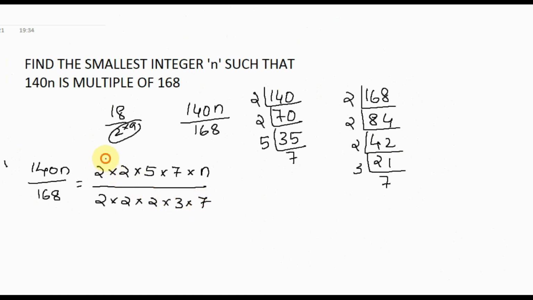We can cancel one 2 in numerator and denominator, next 2 in numerator and denominator, and one 7 and one 7 here. What remains in the denominator is 6. The denominator remaining is 6. So we can write n is equal to 6. So the value of n is equal to 6.